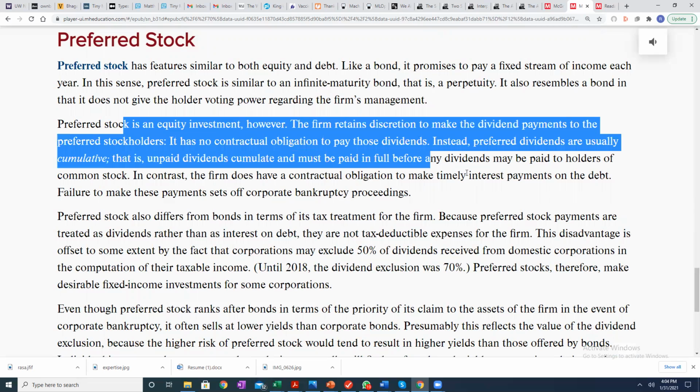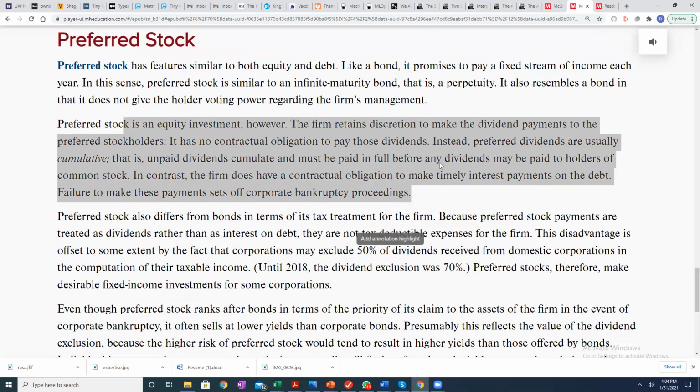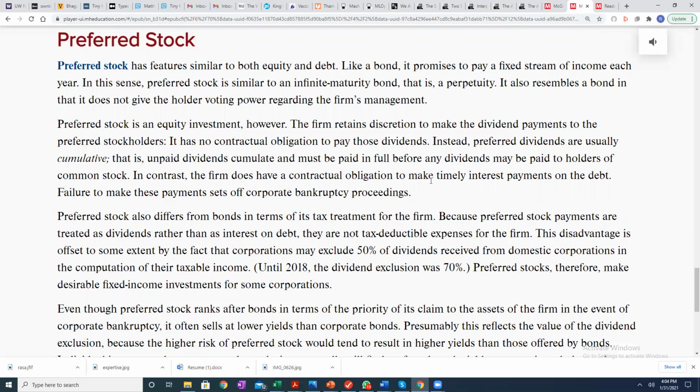Preferred stock is an equity investment, however; the firm retains discretion to make the dividend payments to preferred stockholders. It has no contractual obligation to pay those dividends. Instead, preferred dividends are usually cumulative. Unpaid dividends accumulate and must be paid in full before any dividends may be paid to holders of common stock.